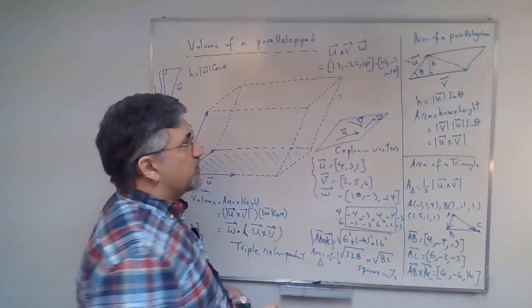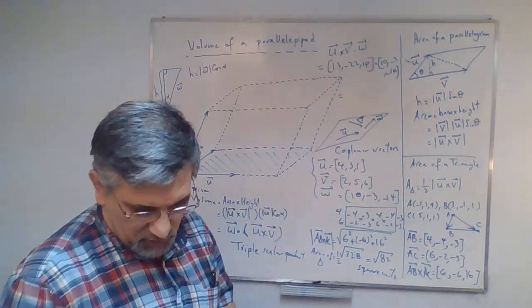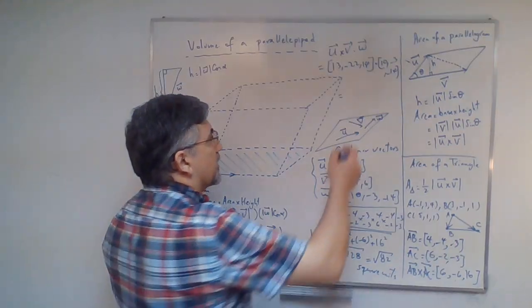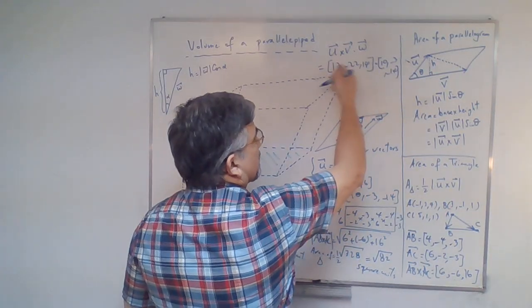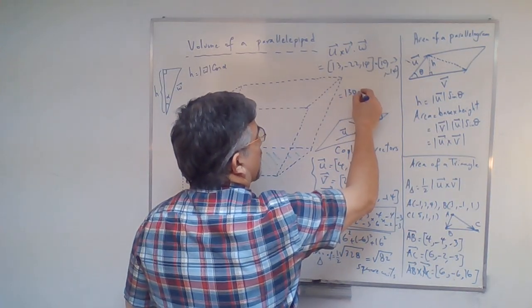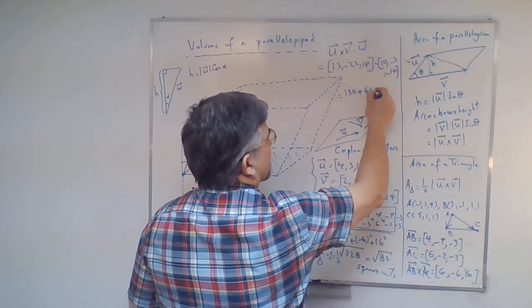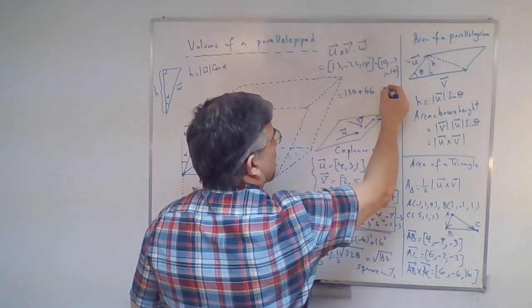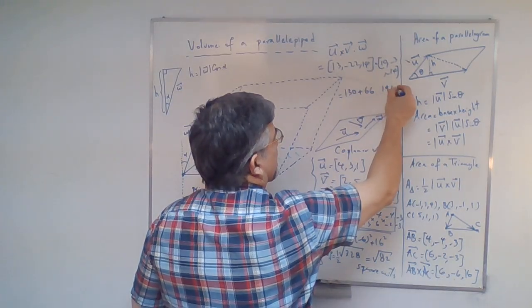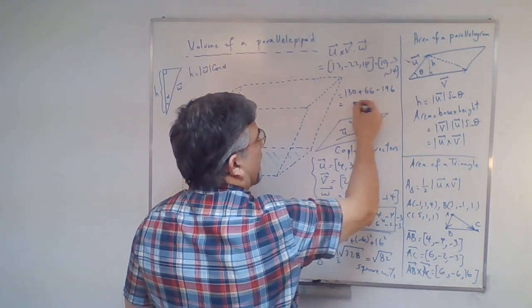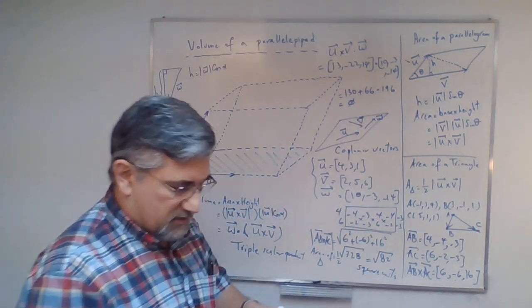You know how to find the dot product. When you do the math, you get 13 times 10, which is 130, minus 22 times negative 3, which is positive 66, and 14 times negative 14, which is negative 196. When you add them up, surprisingly, you get 0.